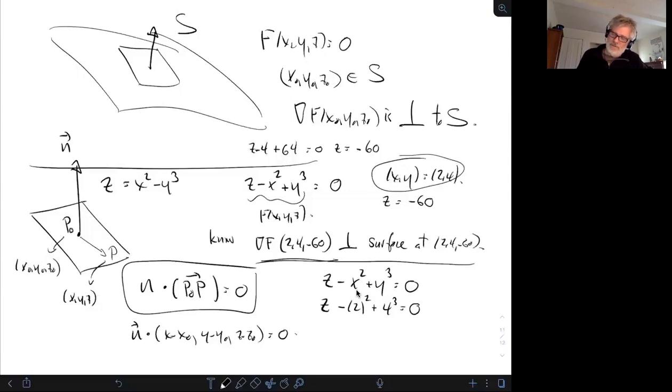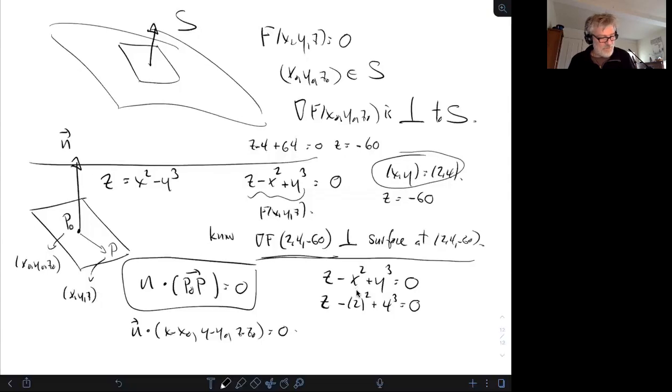Consider the line perpendicular to the surface at the point given. Find a vector parametric equation for this line in terms of the parameter t. Okay, so we're talking about the line perpendicular to the surface.